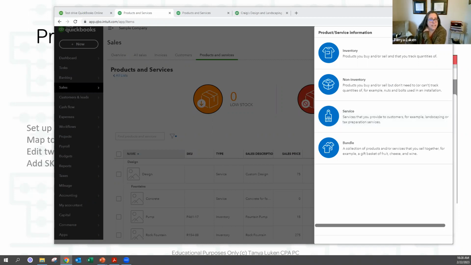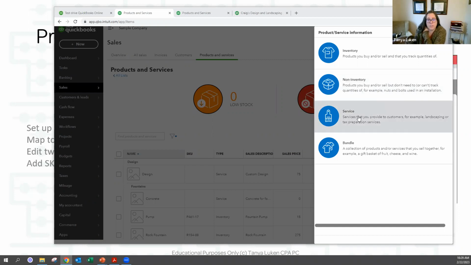So Jessica asked, she's a day camp that includes the t-shirt in the cost of the camp. How would you set that up? So Jessica, if you're just giving someone a t-shirt as part of the cost of the camp, then I would just make the t-shirt a cost of goods sold expense, and maybe not necessarily include it in what you're selling. But if you wanted to include it in what you sold, you would make your t-shirt a non-inventory part.